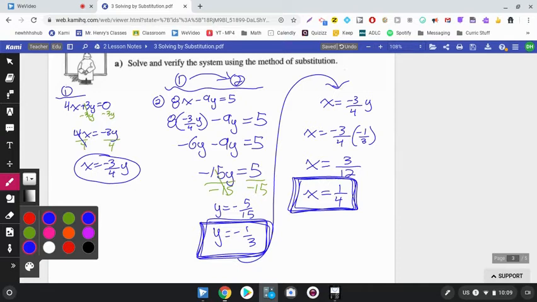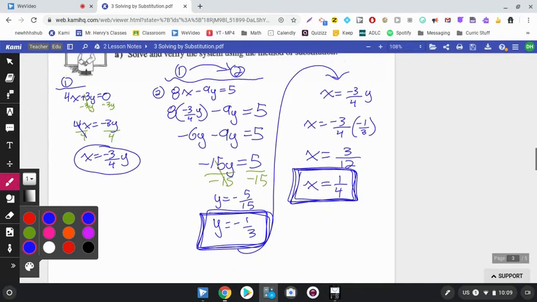Practically, because I'm dealing with fractions, it's harder. So substitution, in my opinion, is great when I can avoid fractions. When I can't avoid fractions, I would probably prefer to just do this graphically or with the method that we're going to look at tomorrow. But it's possible. I can solve for x, I can solve for y.